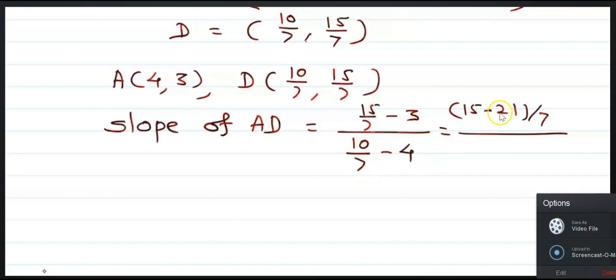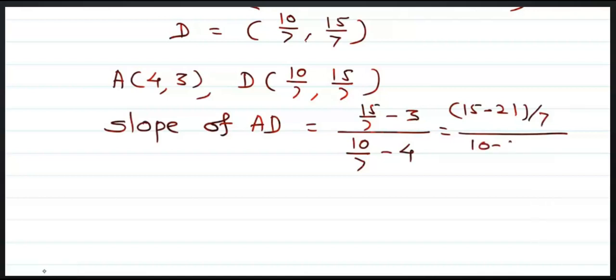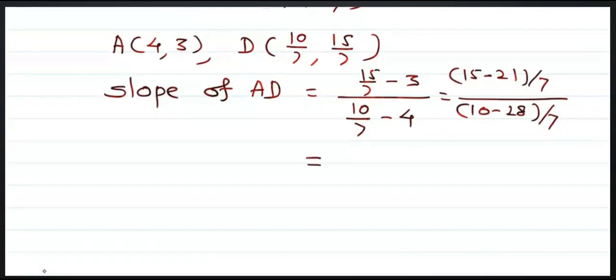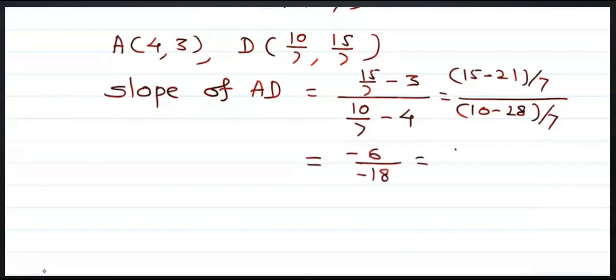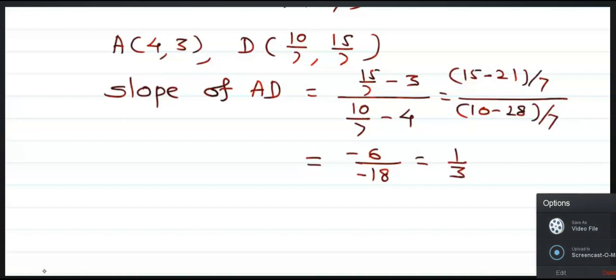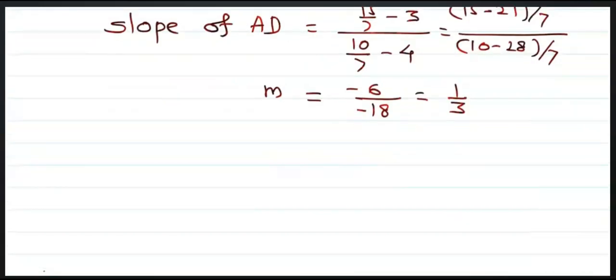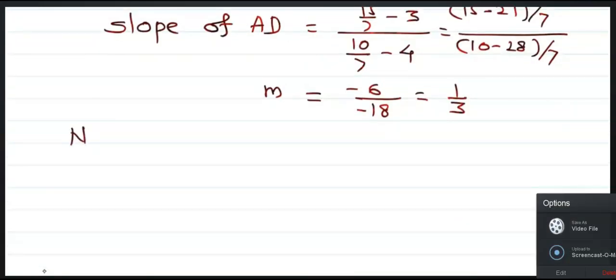And if we simplify this, that is (15 minus 21) whole divided by 7, and also the denominator, that is (10 minus 28) upon 7. Therefore, you will get minus 6 upon minus 18, that is equal to 1 upon 3. The slope of the line m is equal to 1 upon 3.